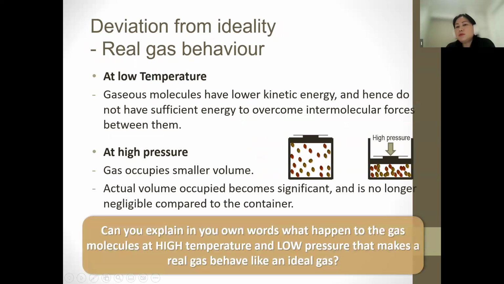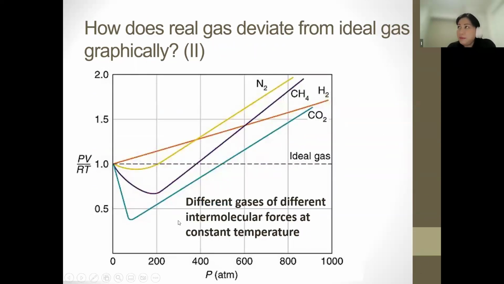Now, the next graph that I'm going to show you looks a bit the same, but this time round, there are different gases. The blue line is the CO2 line, the orange one is for hydrogen, the purple one is for methane, and the yellow one is for nitrogen. They are at the same, constant temperature. So how do we look at this?